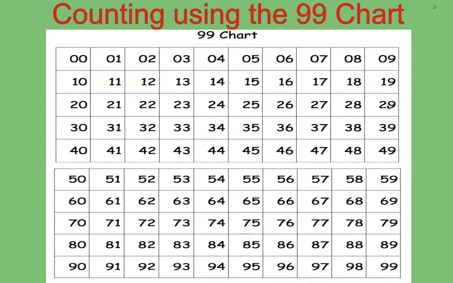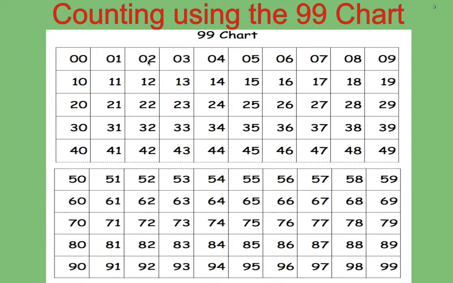Now my question to you is, what do you notice about the 0 that's in front of the first row of numbers? And these zeros, do you think they represent the same thing? You're correct. No, they do not. They represent different things.